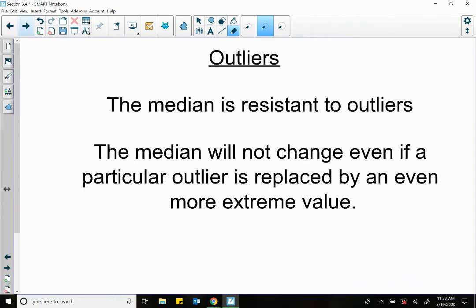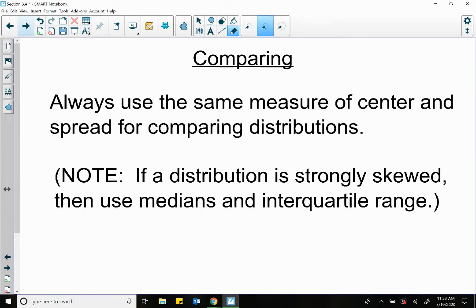All right. So the next one is when you compare, because what we want to do is be able to compare data. When we compare data, we always want to make sure that we are comparing the same measure of the center and spread. So that means if I have a data set that is symmetric and a data set that is skewed. Now, what we've talked about is in symmetric data, we want to talk about the mean and the standard deviation.